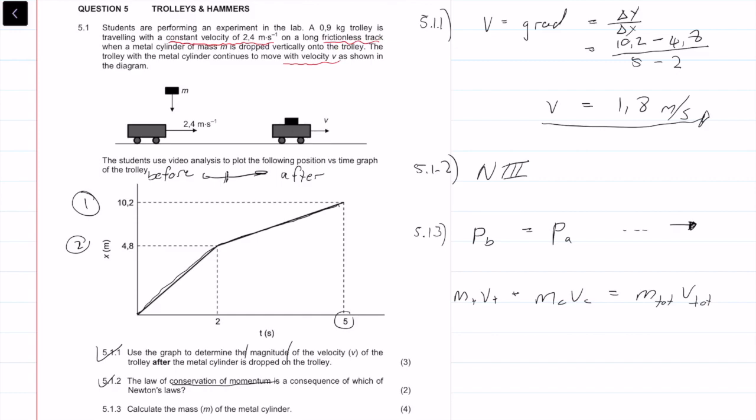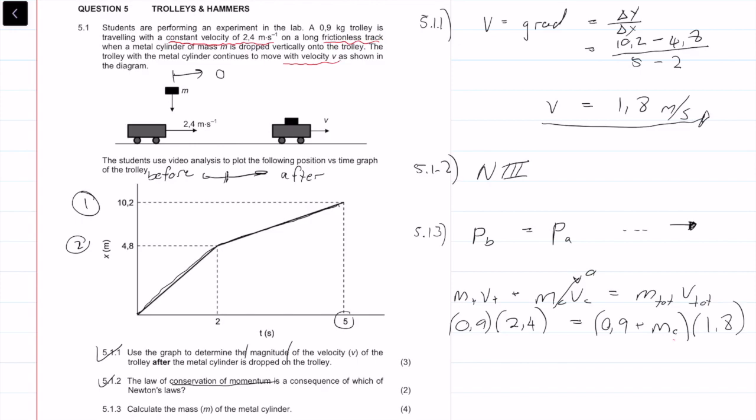Okay, so we know the mass of the trolley is 0.9 kilograms, the velocity is 2.4, plus we know that the velocity of the cylinder in the horizontal direction is 0. So this entire term goes to 0, and that is equal to the mass of the trolley, which is 0.9, plus the mass of the cylinder, times the velocity at the end, which we calculated as 1.8 meters per second.